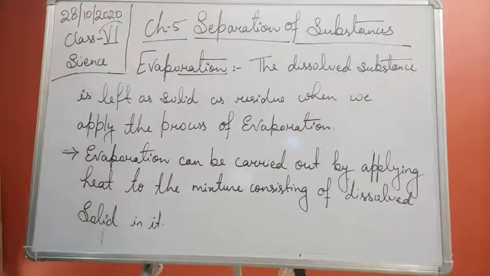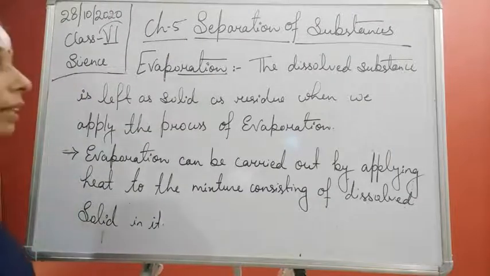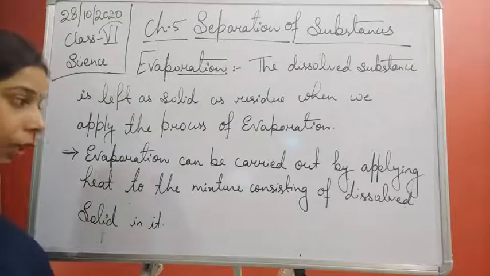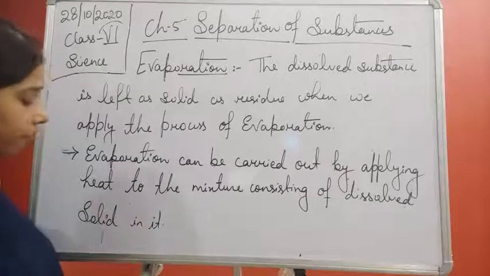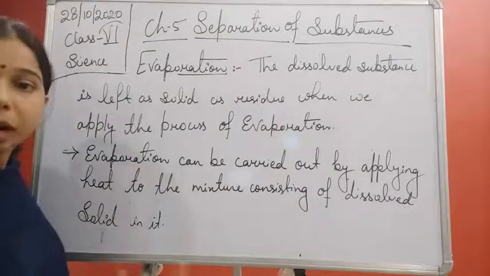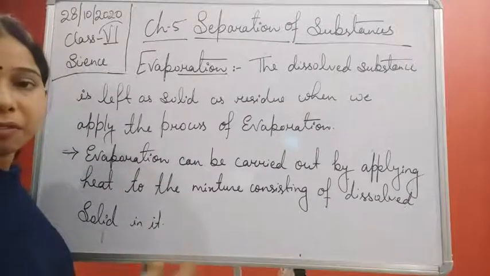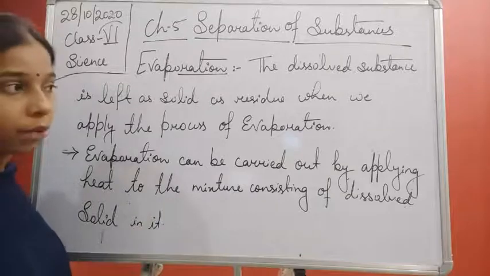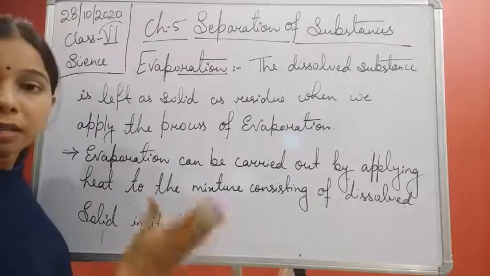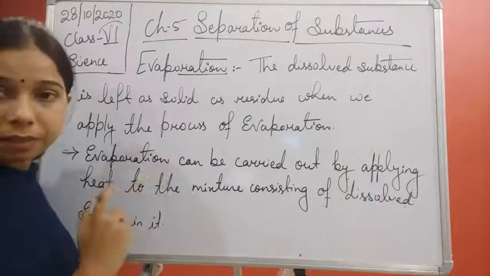Okay. So we can say that it can be carried out by applying heat to the mixture consisting of a dissolved solid in it. When you apply the heat, it will get converted into water vapor easily, and finally the residue will be left behind. So you can say that you are able to separate both of them easily.